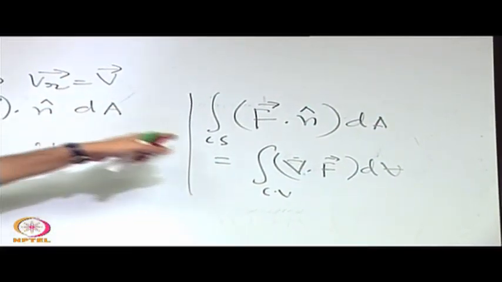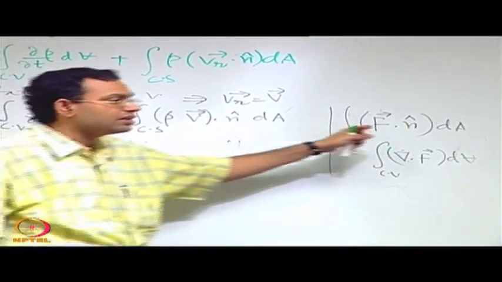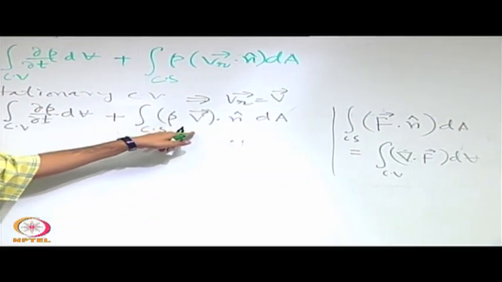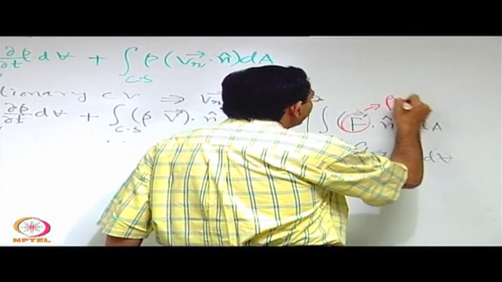The surface has to be completely bounding the control volume, that is the only important assumption. F is any general vector field. So, what is F here? Rho into v is the F here.